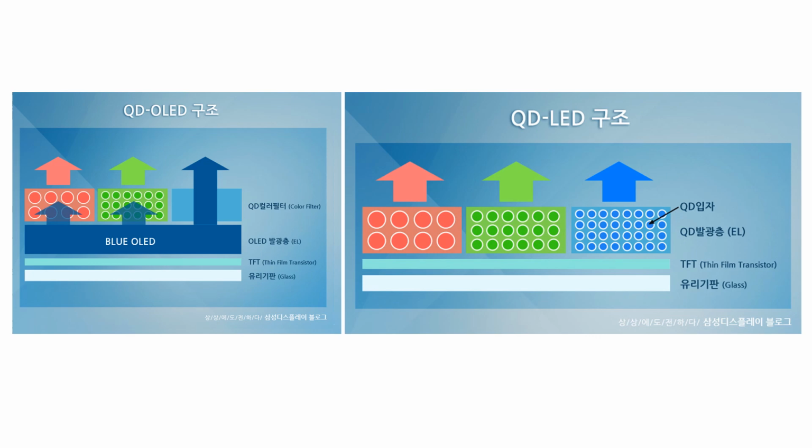This figure shows the quantum dot OLED structure. So in this structure, we use blue OLED, and quantum dot as color filters.